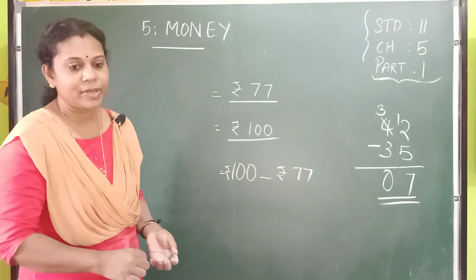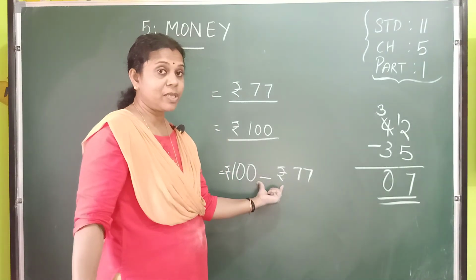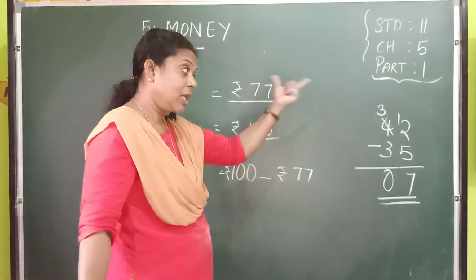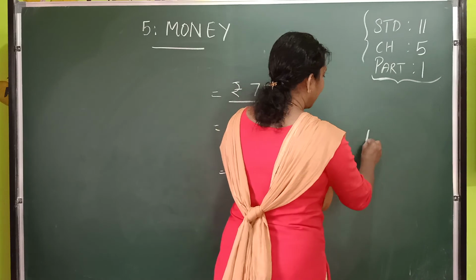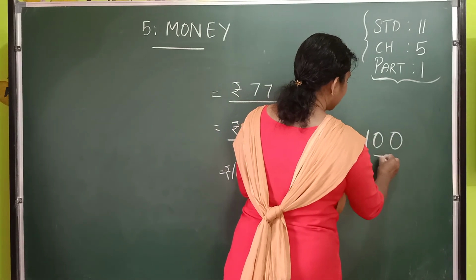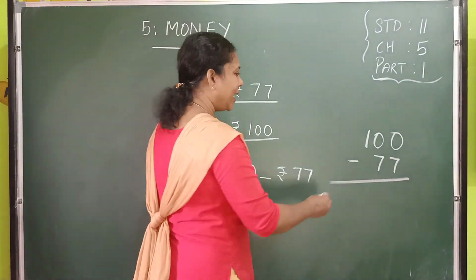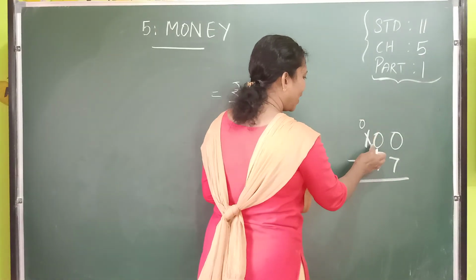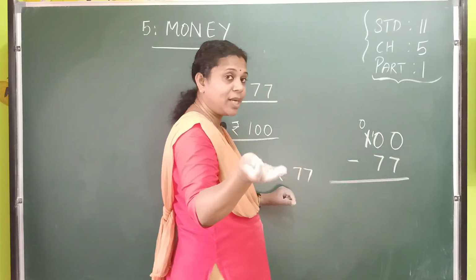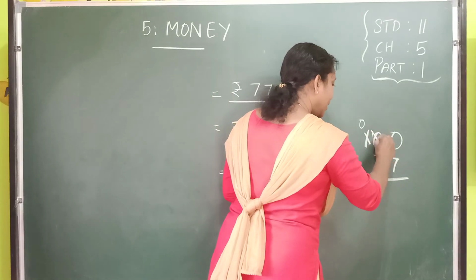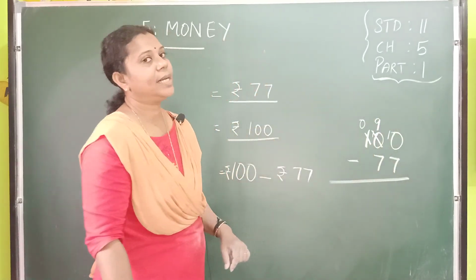Rupees 100 minus 77. There are large amounts and a big difference between them, so we cannot use the fingers. Make use of your working column. Rupees 100 minus 77. How to do it? Let us do the borrowing. Making this a 0 and this a 10. Then again the ones place is only 0. So again make this 10 a 9 and the last ones place digit 10.